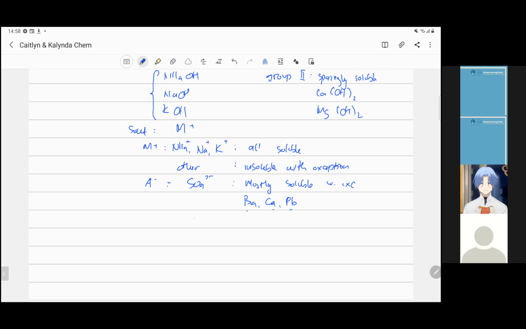The same with chloride. Chlorides are mostly soluble, except, okay, we have them here, silver and lead.